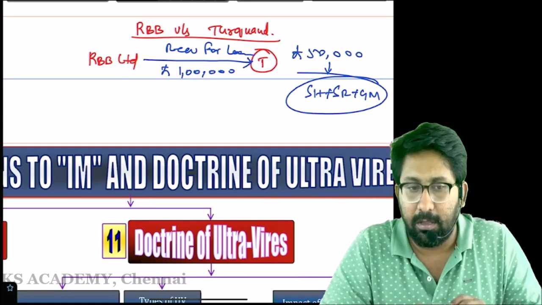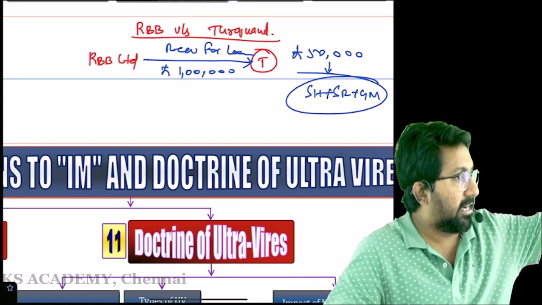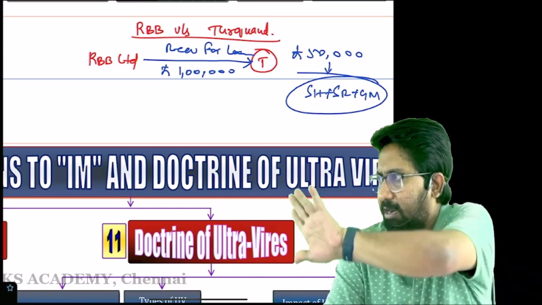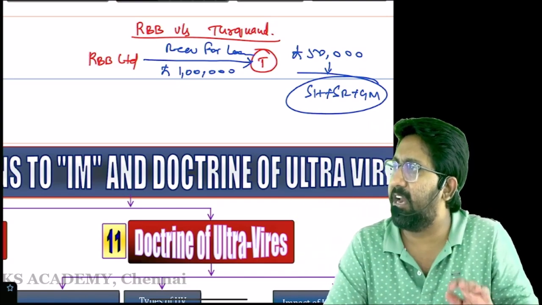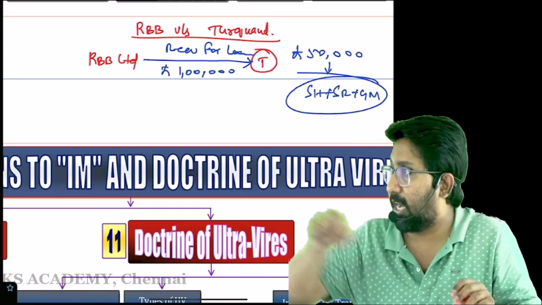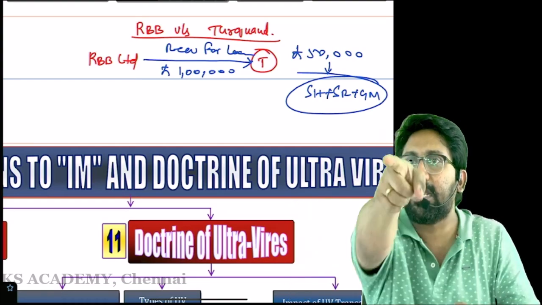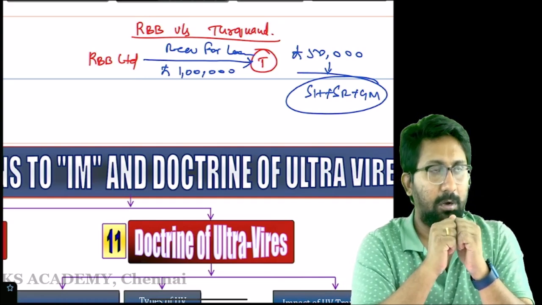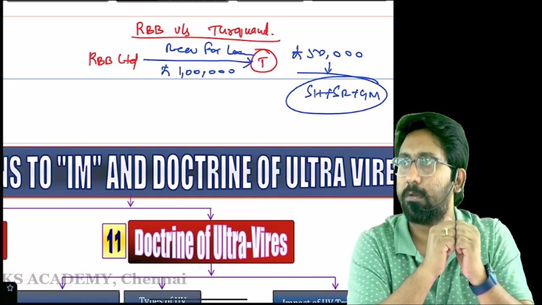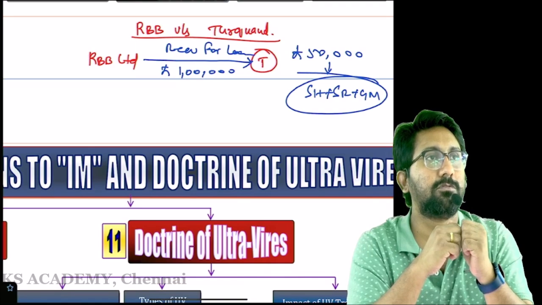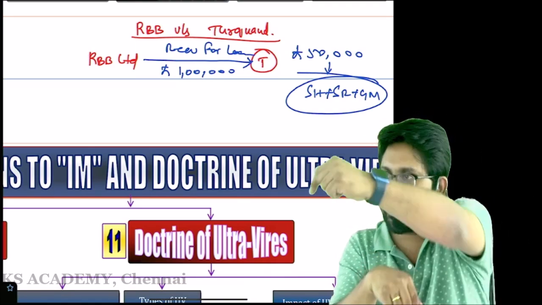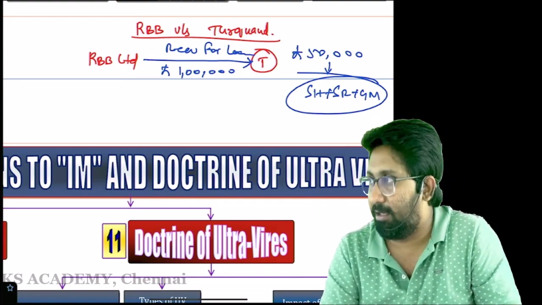Okay. Now, from the defendant's side, you also explain the case. They said, sir, everything is correct, but we didn't pass the special resolution. But Turquoise didn't ask us whether the SR was passed or not. The court asked, did RBB Limited ask Turquoise whether he read MOA and AOA?